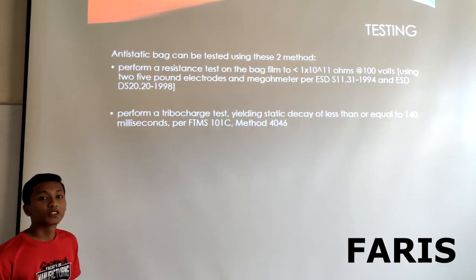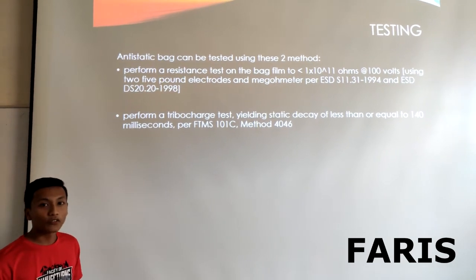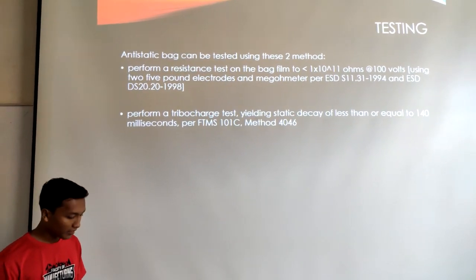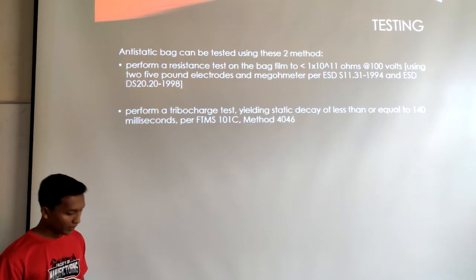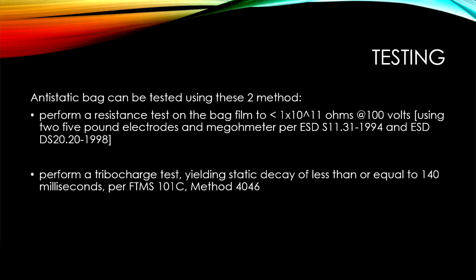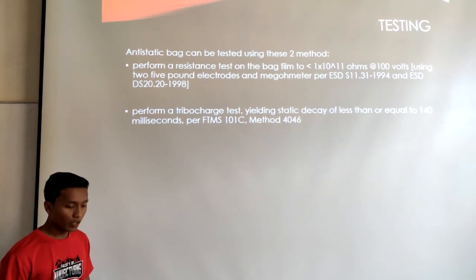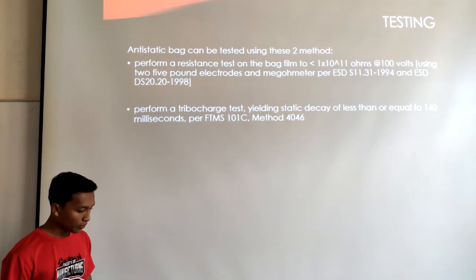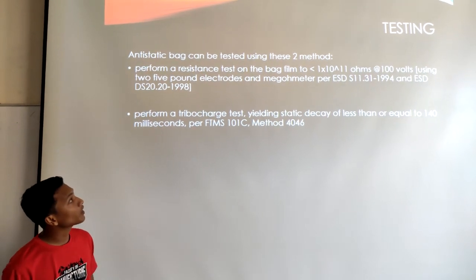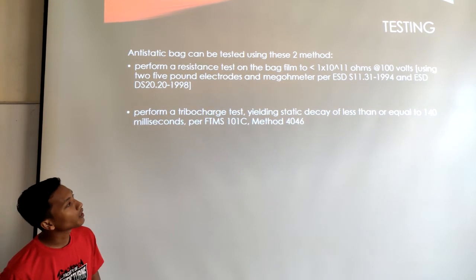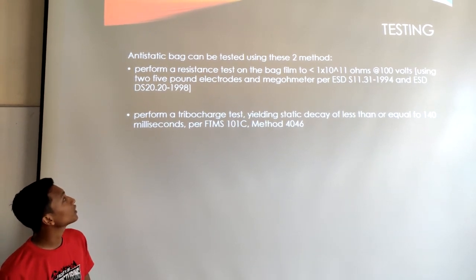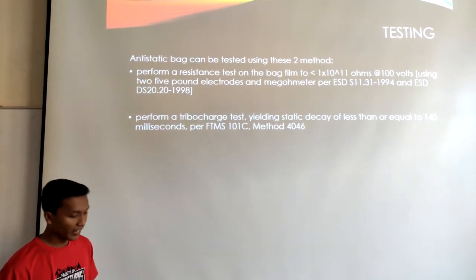Okay, next for the testing of this product, the anti-static bag. The anti-static bag can be tested using these two methods. The first one is to perform a resistance test on the bag film to less than 1 times 10 power of 11 ohms at 100 volts using two 5-pound electrodes and a mega ohm meter per ESD S11.31 to 1994 and ESD DS20.20 to 1998.